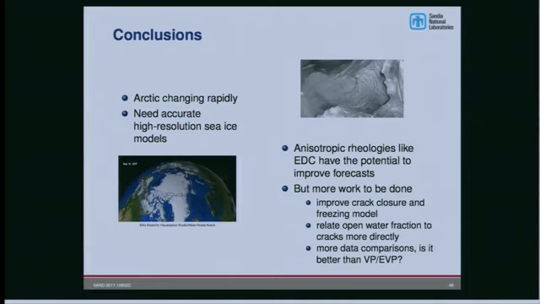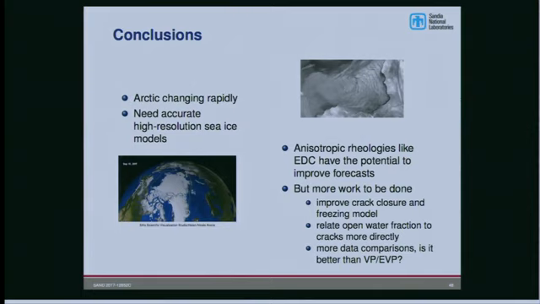We could improve the crack closure and freezing model. One thing that I think Han is going to talk about a little bit, in this model I mentioned at the beginning that we use an ice thickness distribution where you have some fraction of open water in each cell. And that fraction evolves based on the divergence in the cell, but it's not directly related to crack opening.